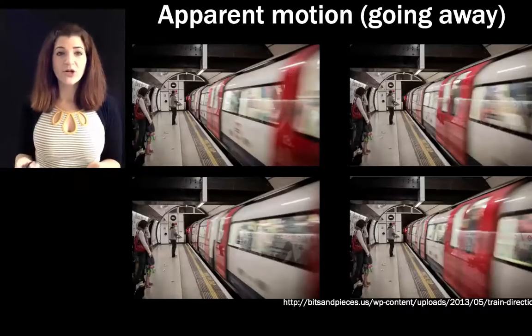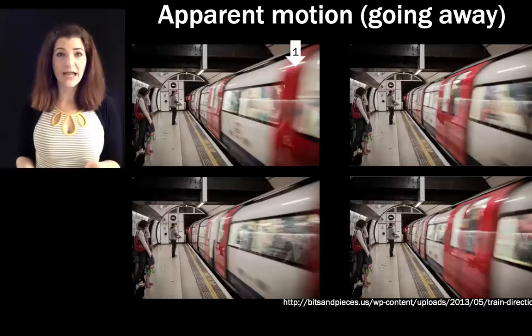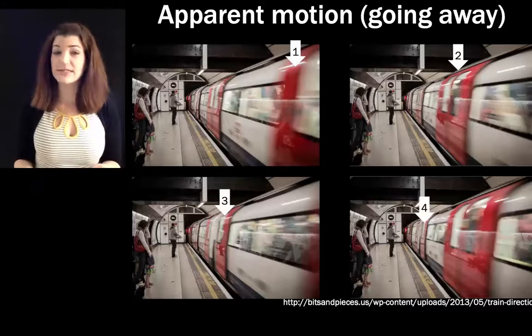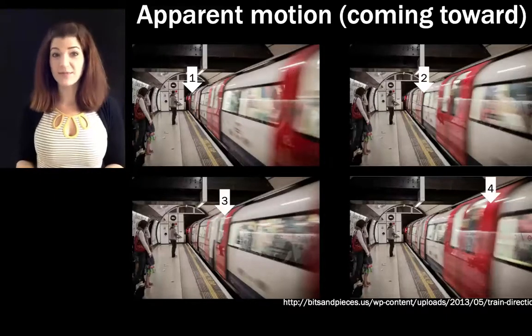Now, if we were to imagine it going away, there is this one point on the train here, now becomes this point, now becomes this point, now becomes this point. If you were to imagine it coming toward us, then this point becomes this point, then becomes this point, then becomes this point. So this is a case where we have a bistable motion effect.